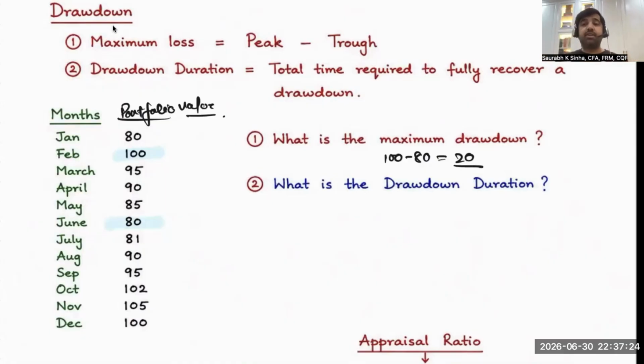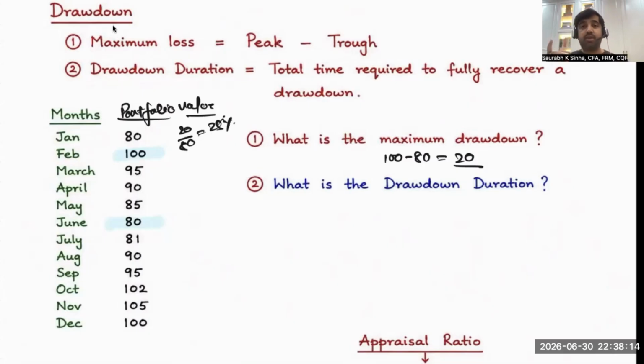But why are we interested in maximum drawdown? Because we want to understand the maximum possible loss. For example, you invested in this portfolio in February when it was at peak, and in June you took out your investment. So you will incur the maximum loss. If you had invested in January and taken money out in February, you would have achieved a return of more than 25%, because 20 upon 80 is 25%.